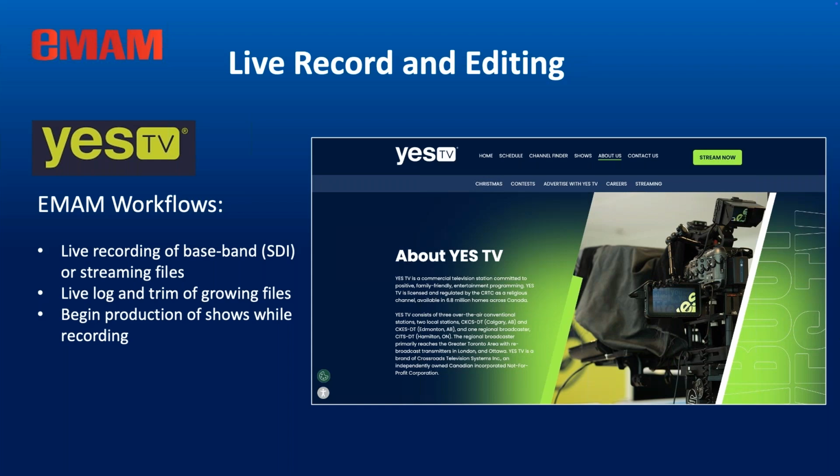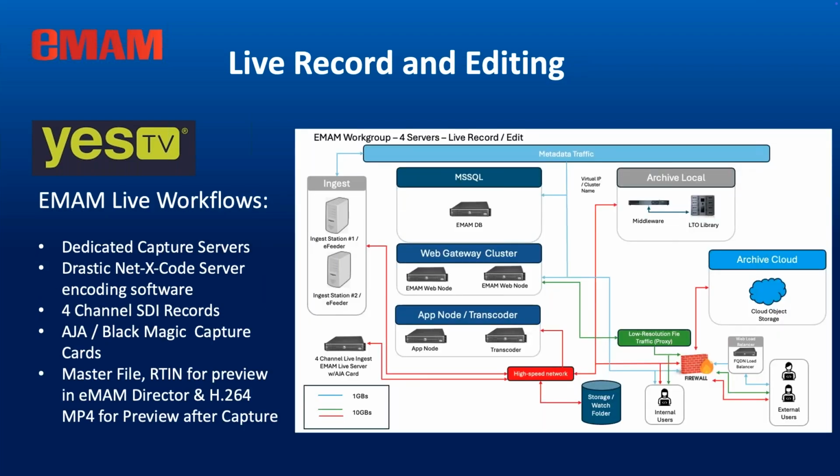But all the different studio records come in, being able to go into the eMAM system. Someone could be logging that content and then drop it into, say, Adobe Premiere and start editing and cutting that media as well. So the idea here is with this live record with eMAM, you can have one or multiple servers running with, say, 4 channels per server, depending on the quality of the server and so on.